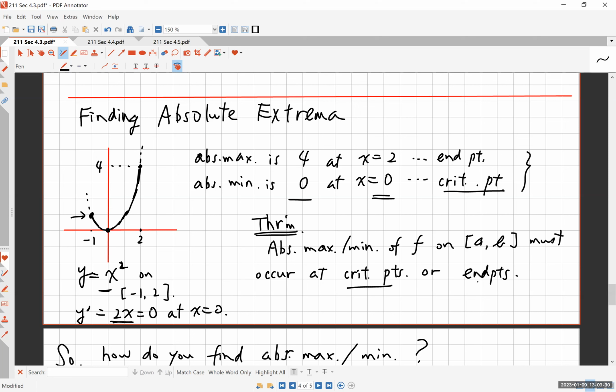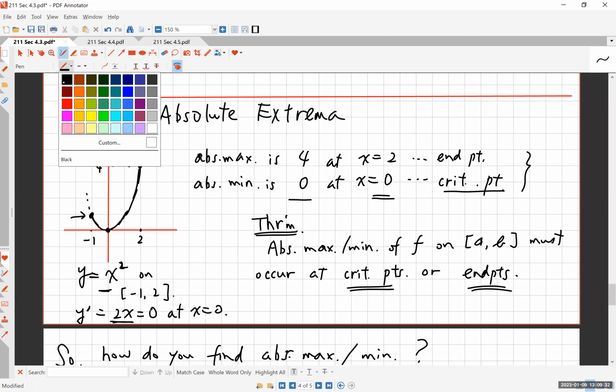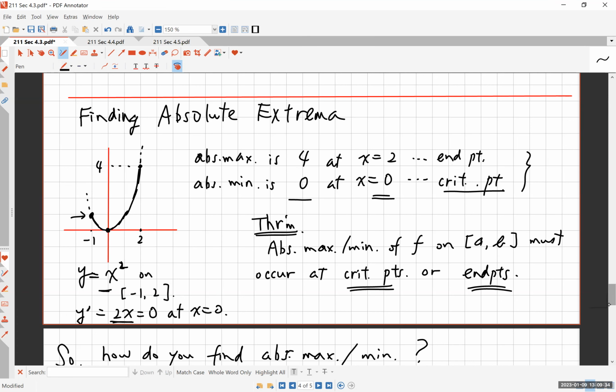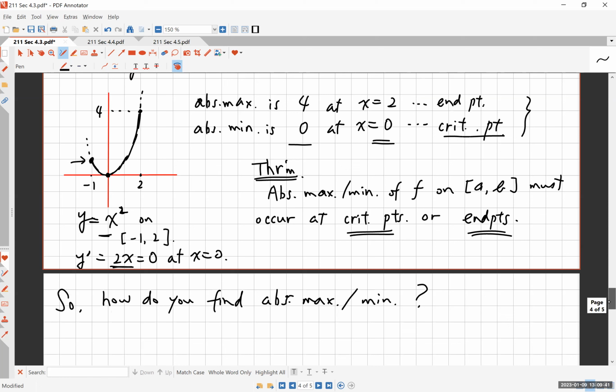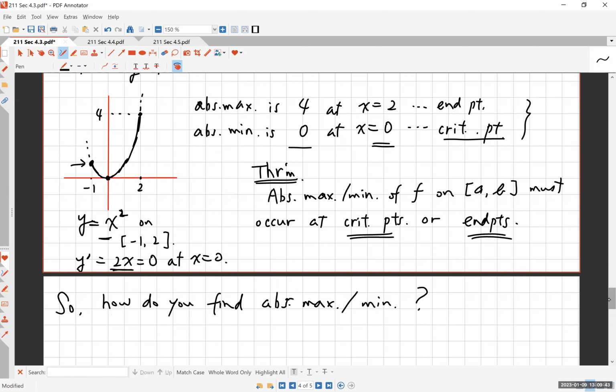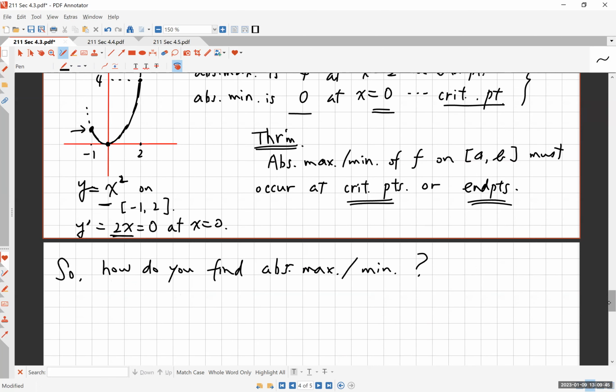Those are the only places that you need to take a look at before you decide what the highest, largest value is, which is the absolute maximum, and what the lowest value is, the least value, which is the absolute minimum. And once you find these, then you know where they occur.